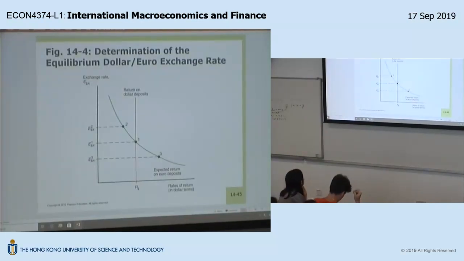Now we can talk about the determination of the equilibrium exchange rate. Okay, very, very simple model.